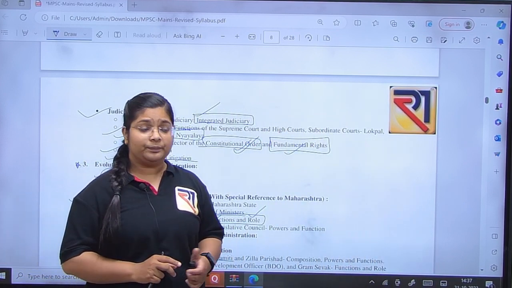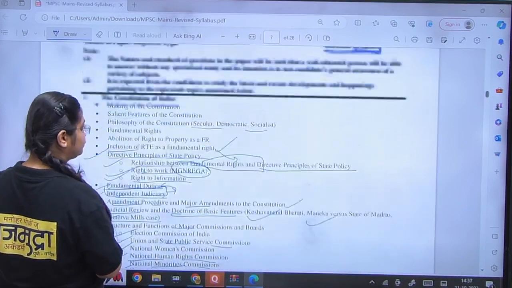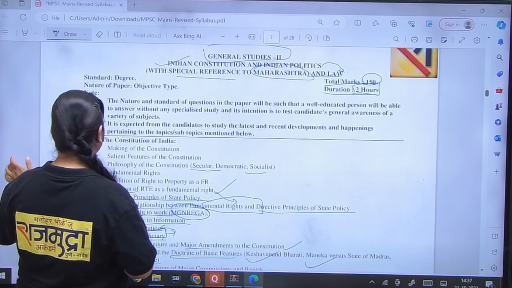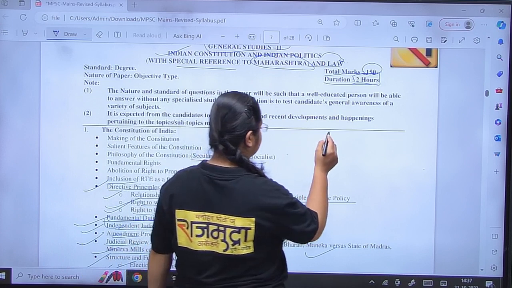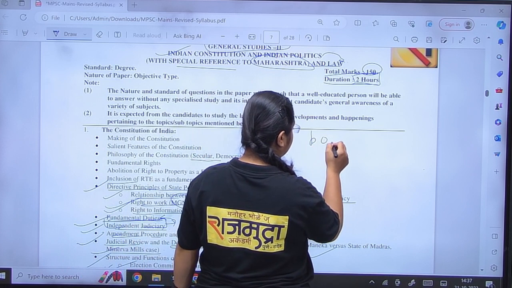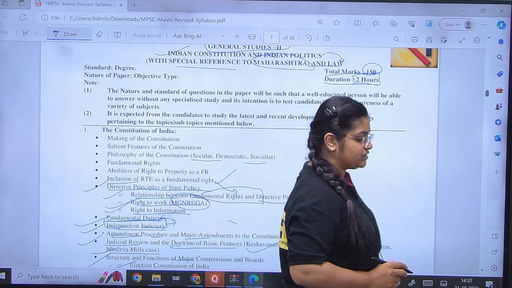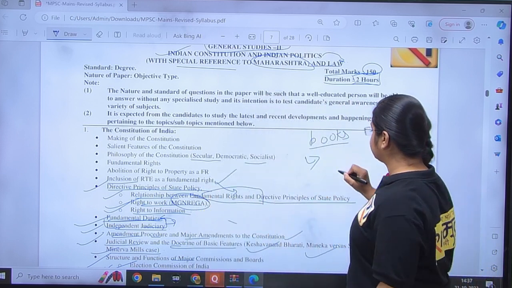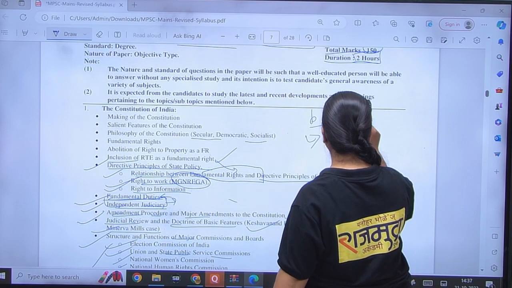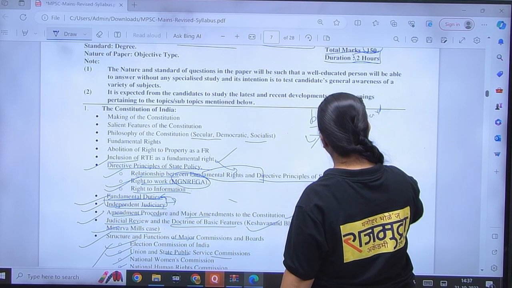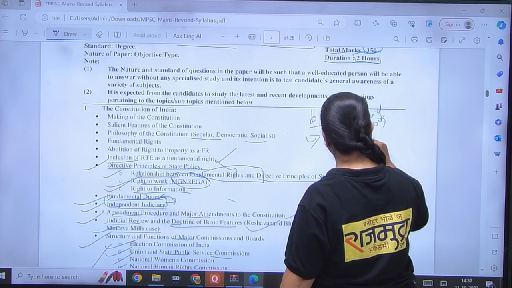Okay, up till now what I want you to do is go through the syllabus one more time, and if you are a beginner, if you are starting right now, I would suggest some books or resources. The first one I would suggest is the Maharashtra State Board 12th book of political science.